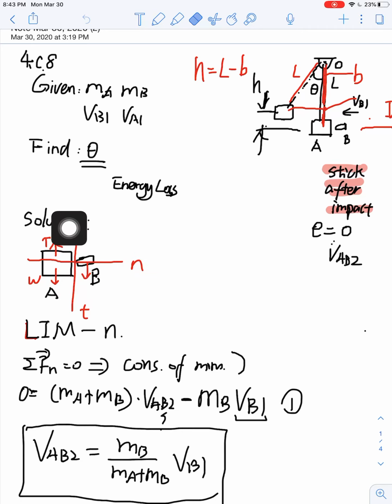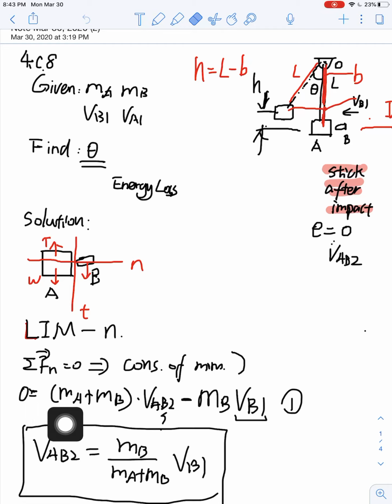All the forces will be pointing in the t direction, either tension force or gravitational force. We don't have any forces in the n direction. Therefore, the sum of forces equals 0. That implies the conservation of momentum in the n direction. And then the sum of forces equals 0, so the left hand side of the equation equals 0.